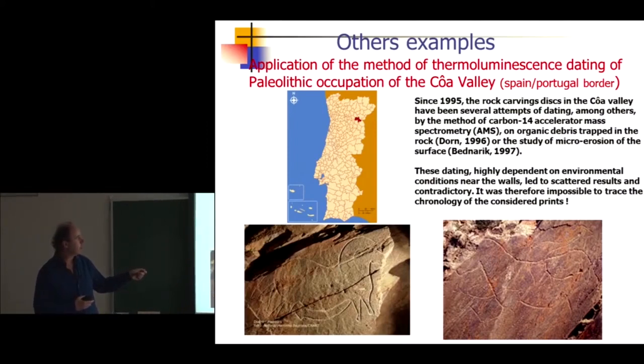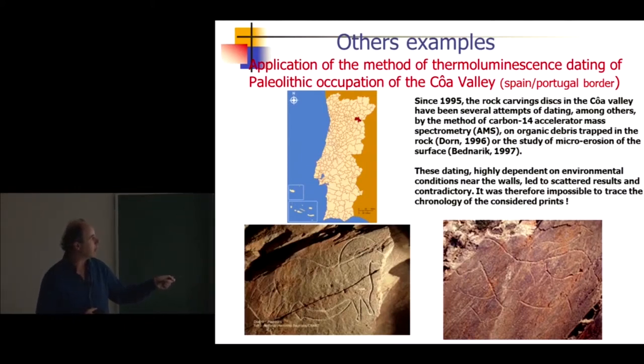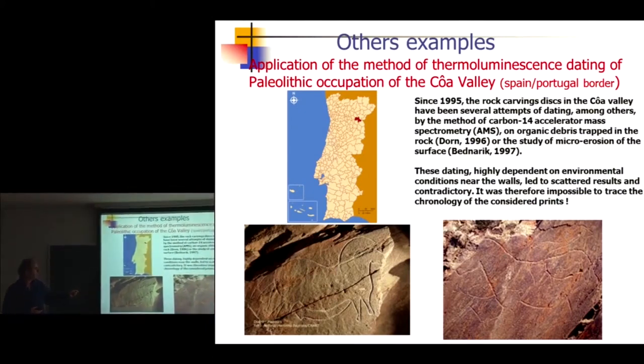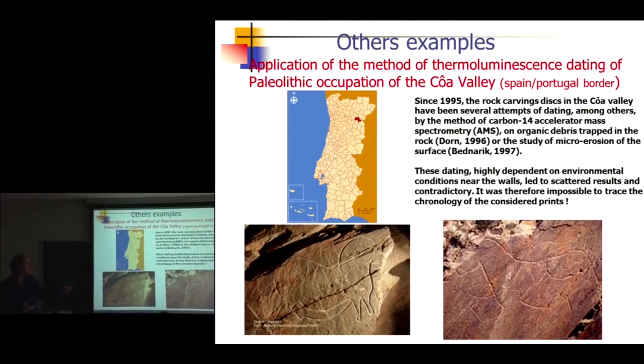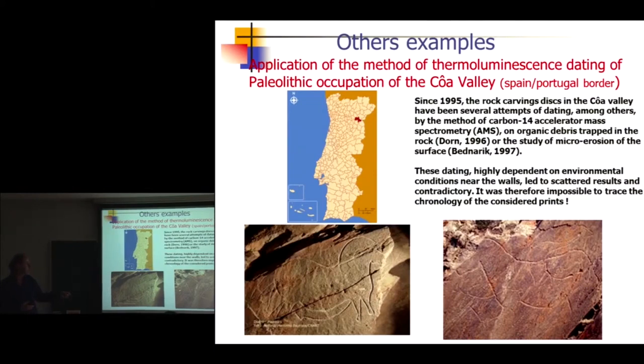Several techniques were used: carbon 14, mass spectroscopy, and so on. But it was very difficult to date, quite impossible. It was impossible to have a reliable age for this.